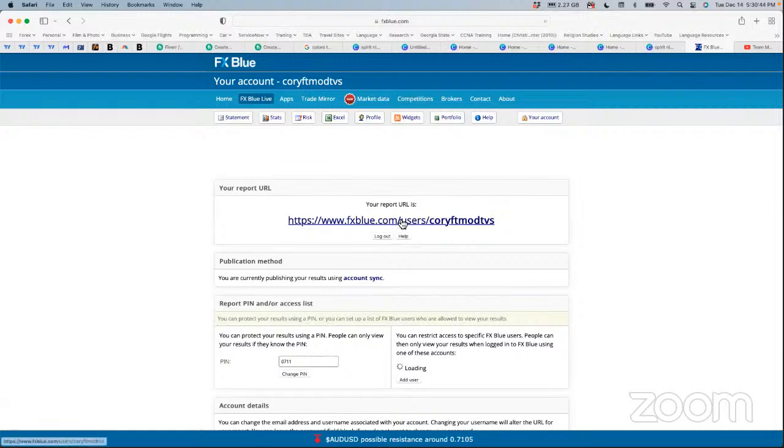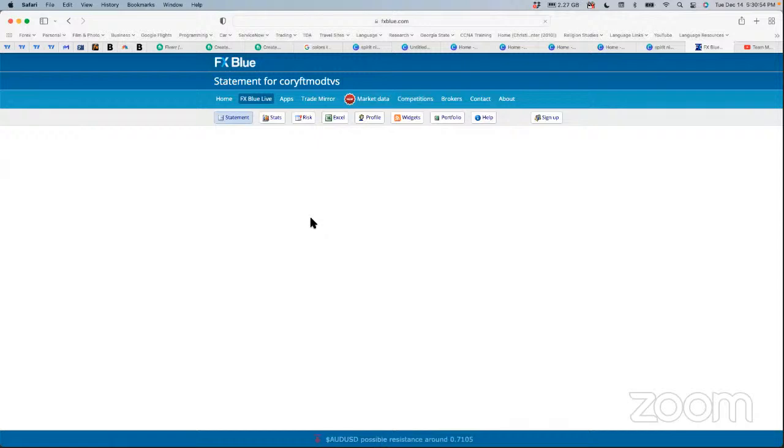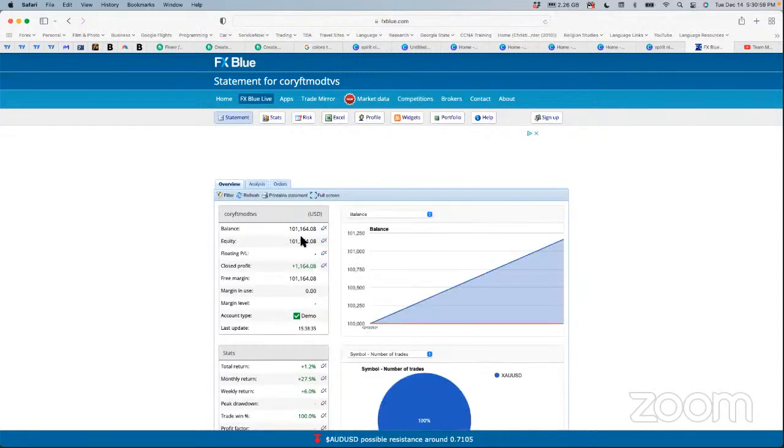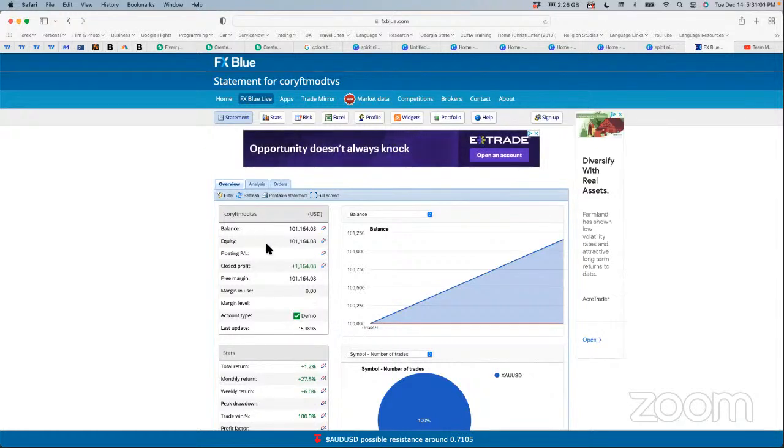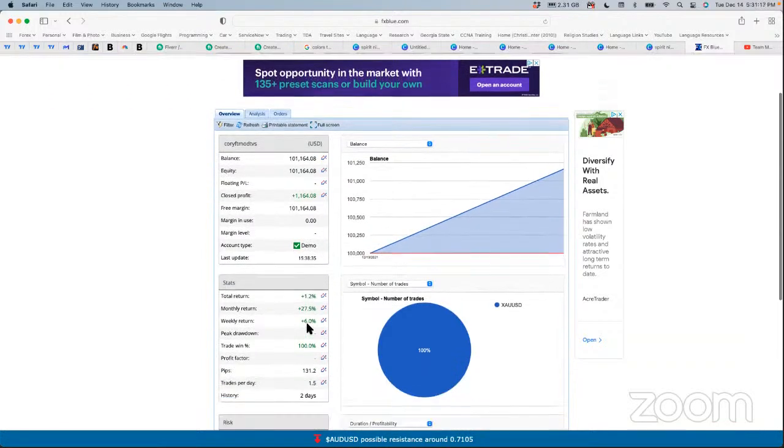Okay. You'll get to see your login, your reporting page. And when I click on this page, you're going to get all the information based off of your account. The balance, equity, floating profits if you have anything open, any closed profits, margin that's free, margin to use, margin levels, account type, or whatever.